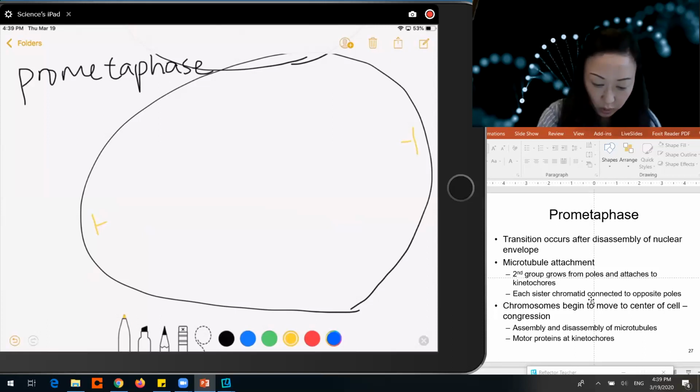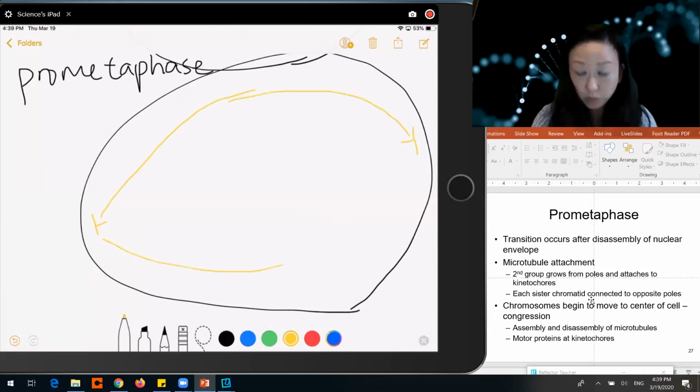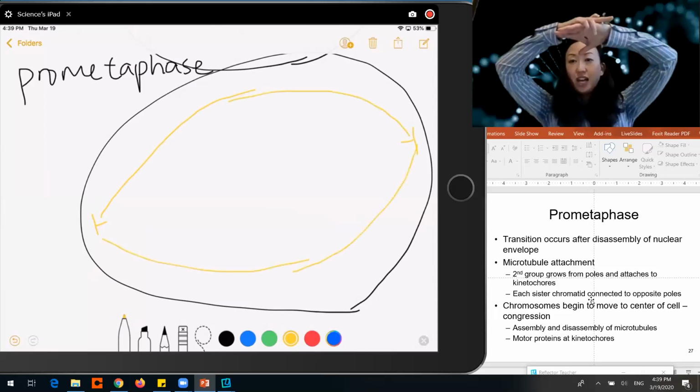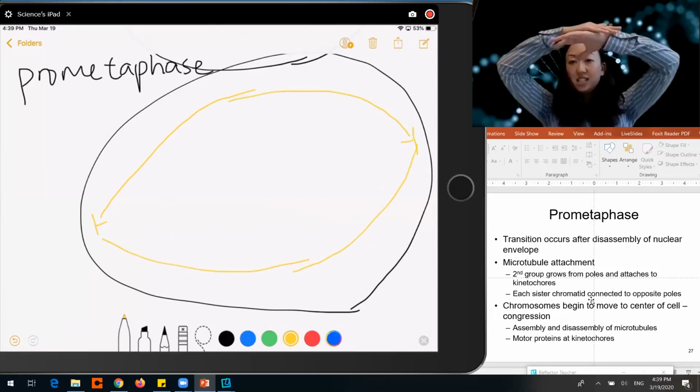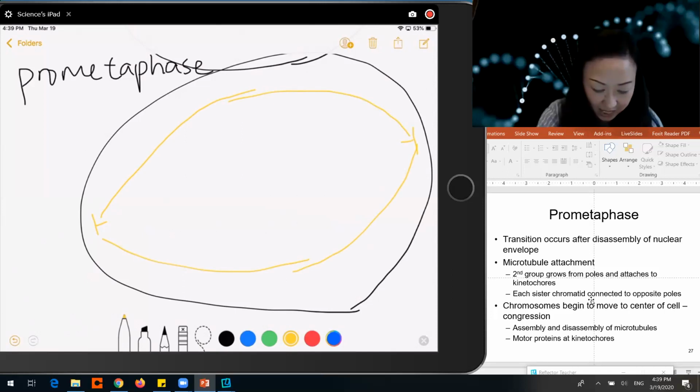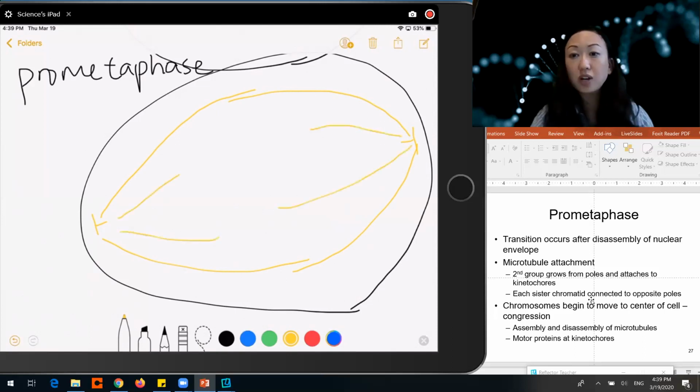And then you're going to have microtubules reaching across to set up the spindle. And then they're going to try and reach out to do what? They're going to try and catch the chromosome. So what I just drew out in yellow is the microtubule. And you have to recall, we talked about this in chapter 4.